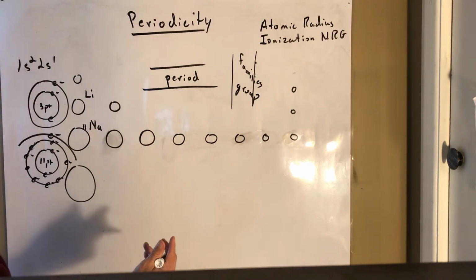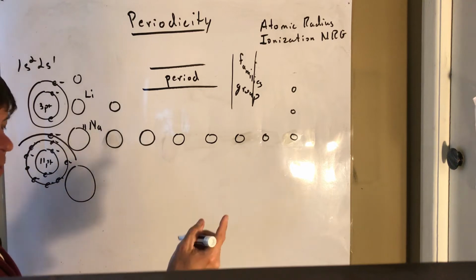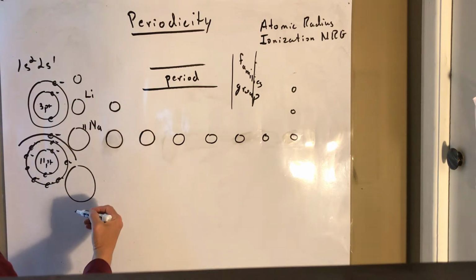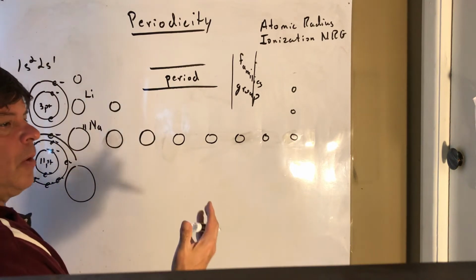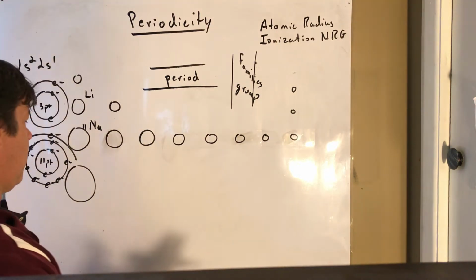One thing you can think of is that sodium is going to be larger just because there are more energy levels, and that just takes up more room. So as you go down a group, one of the reasons they get larger is you just have another energy level, and that takes up some space.